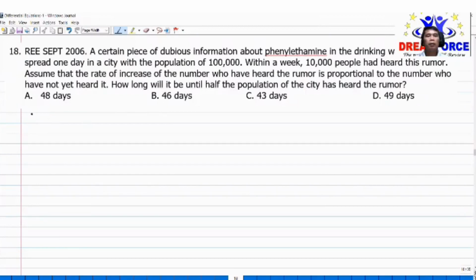So yung y, yung proportional to, parang tama yung y natin, dy dt is proportional to 100,000 minus x, where x is the time, minus those who heard.